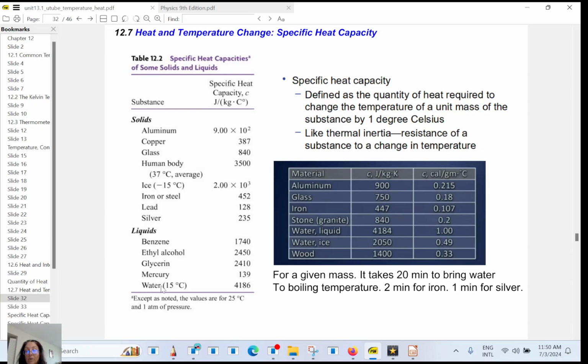That comes from your textbook. The unit is joule per kilogram Celsius. But water is here, so still 4,000 joules. So water has a very large specific heat capacity, which is very good for life to thrive on Earth.